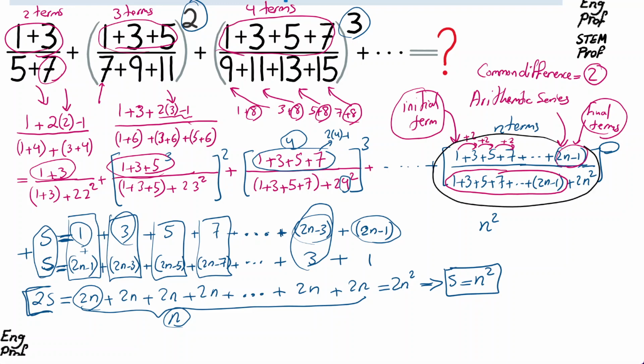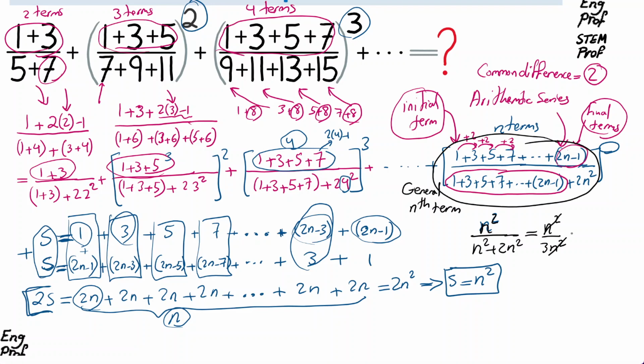This whole thing, in the numerator we have n squared. In the denominator we have again n squared, which is this repeated one, plus 2n squared. So interesting. Any term we consider, including this general nth term, looks like n squared over 3n squared.